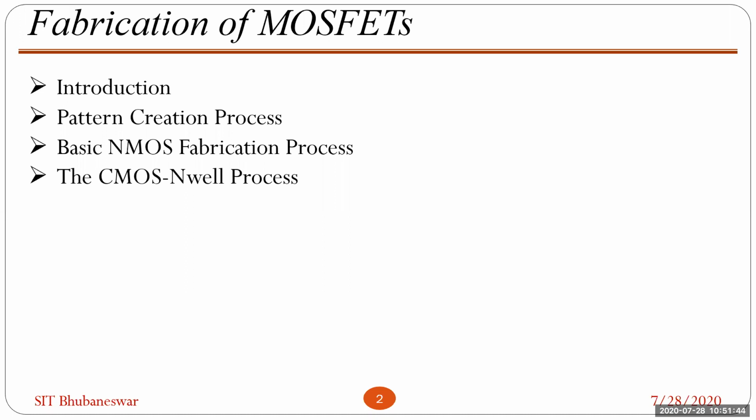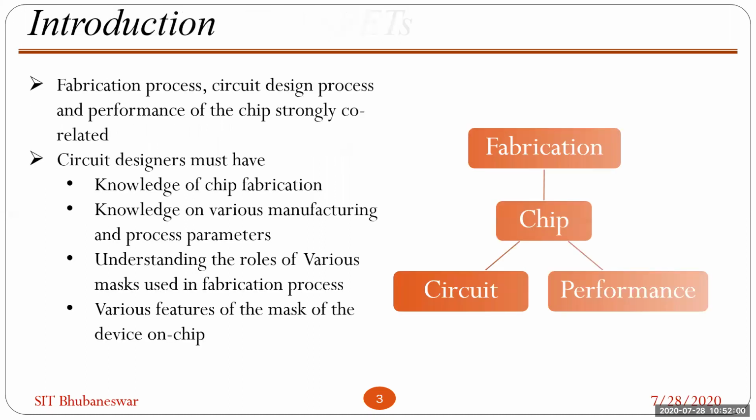Almost all processes are mostly NWELL processes, so that's why we'll discuss that. If we get time, we'll discuss the NWELL process in detail; otherwise, in the next class. So this is the first, introductory part.